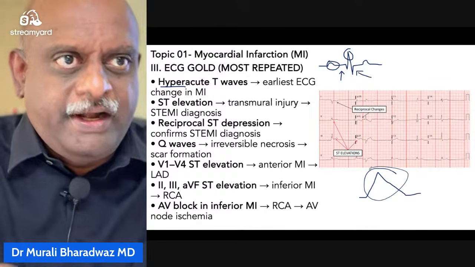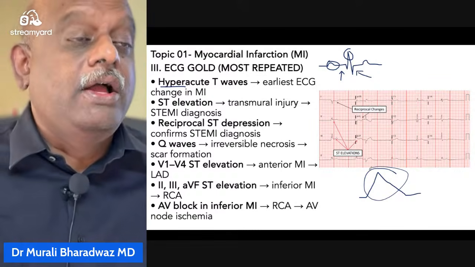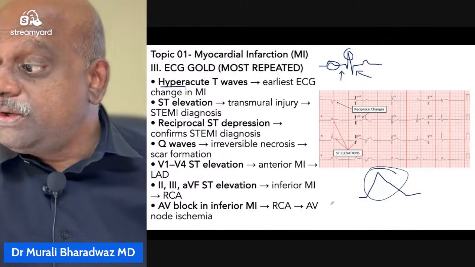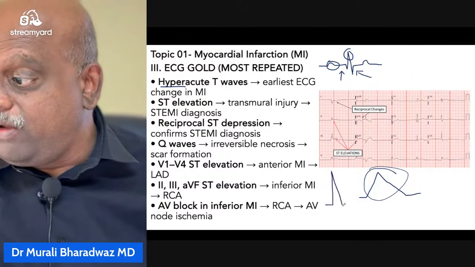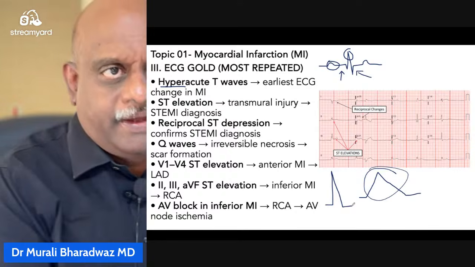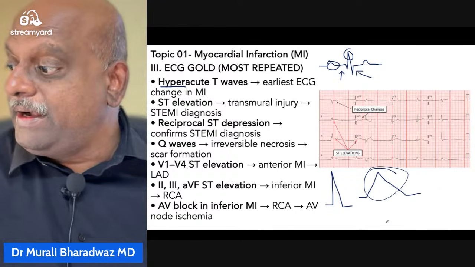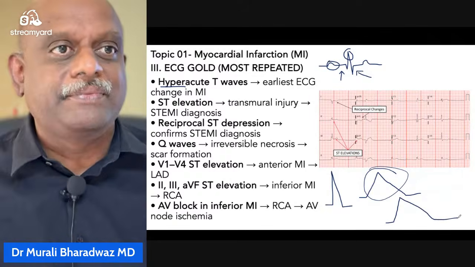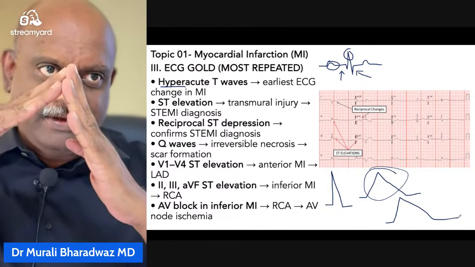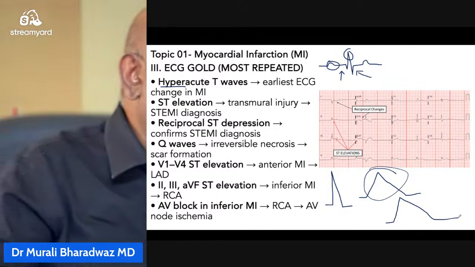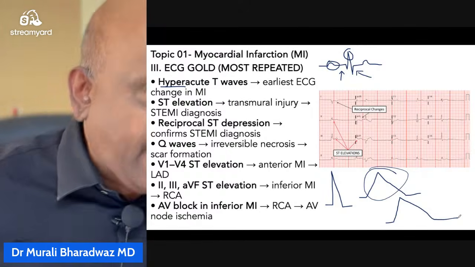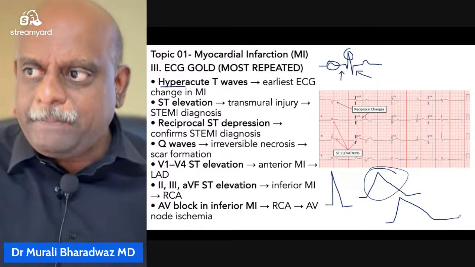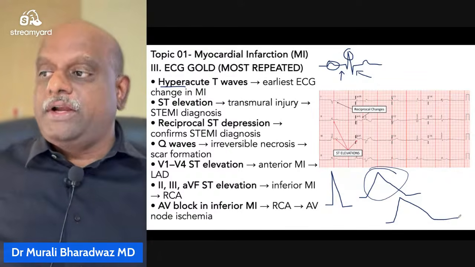But what is the difference between the tall T wave in both cases? Symmetrical tall T wave is the feature of hyperkalemia. Asymmetrical means the two limbs of the T wave are different. Asymmetrical tall T wave is the feature of MI. Symmetrical tall T wave is the feature of hyperkalemia, is what you need to remember.